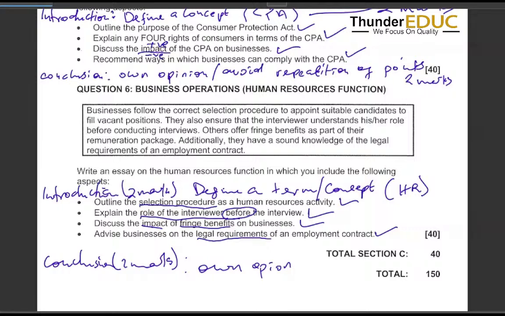So now, grade 12s, at this juncture, I would love to say thank you very much. You guys, don't stop revising business studies. You are already done with the prelims, with prelims paper 1, but you are not yet done with the final examination for business studies paper 1, grade 12.